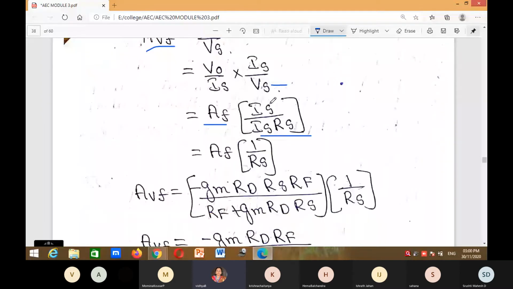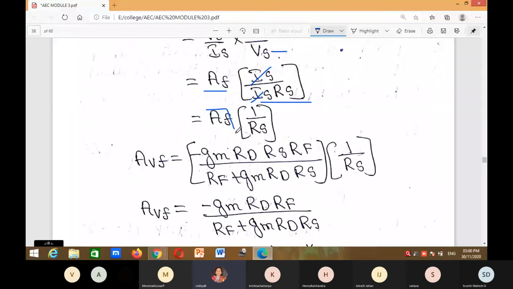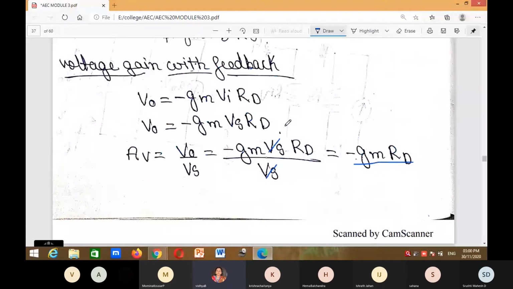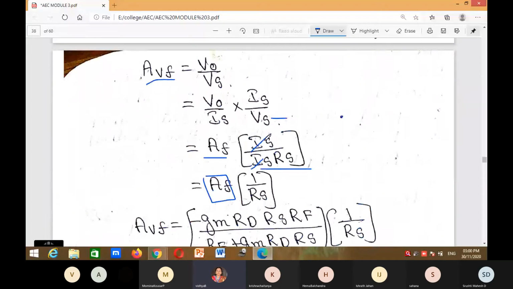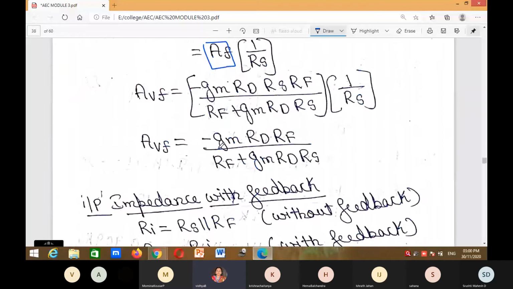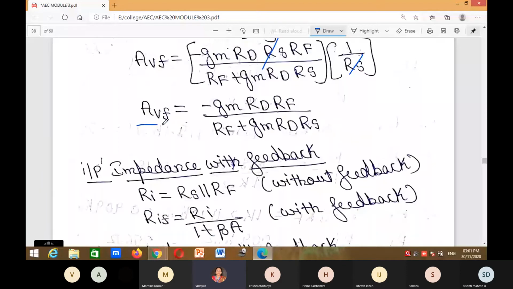Here Is gets cancelled, so Af into 1 divided by Rs. But what we got, Af is equal to this equation. So substitute the Af equation here. Avf is equal to minus gm Rd Rf, because here Rs gets cancelled, so minus gm Rd Rf divided by Rf plus gm into Rd plus Rs. This is voltage gain with feedback, when you consider the source.